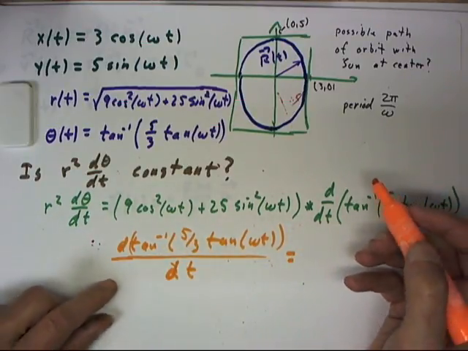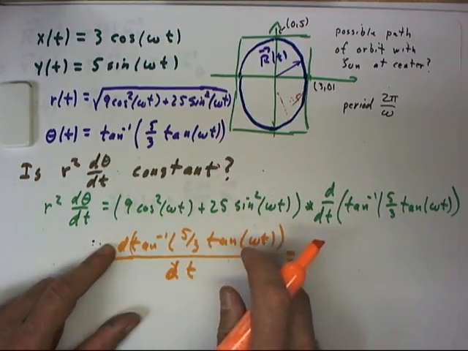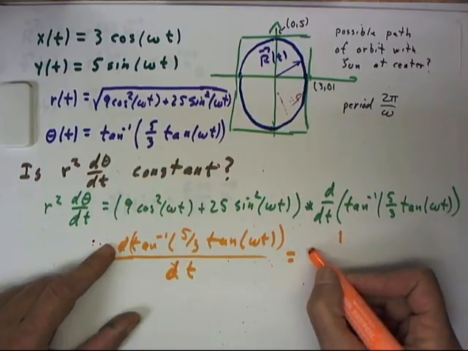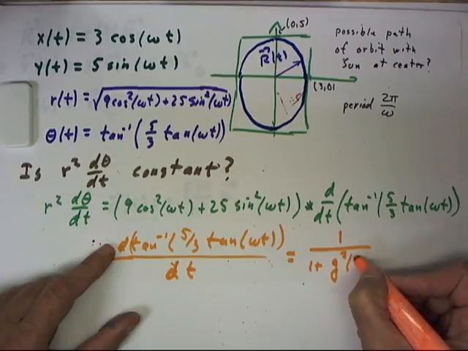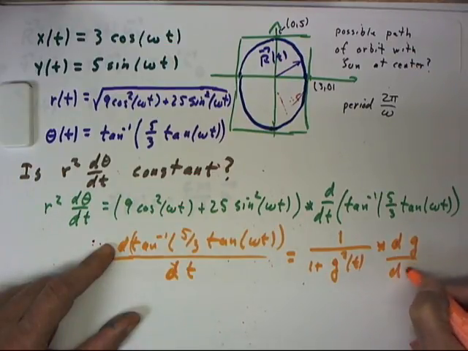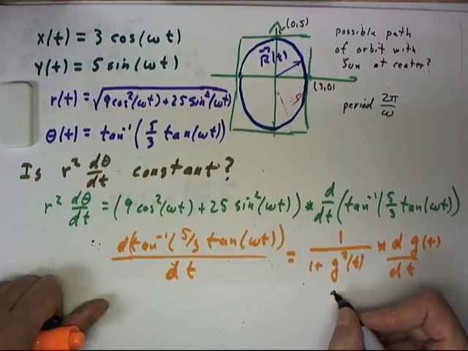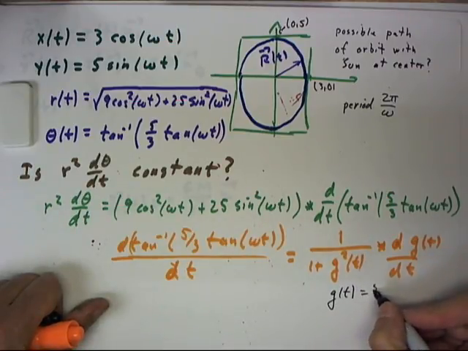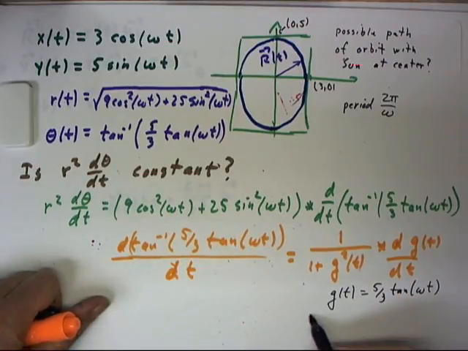I'm going to call this function g of t, and then by the chain rule, the derivative with respect to t of this is just 1 over 1 plus g squared of t times, let's do it with the d dt notation, dg of t dt, where our g function is 5/3 tangent of omega t.